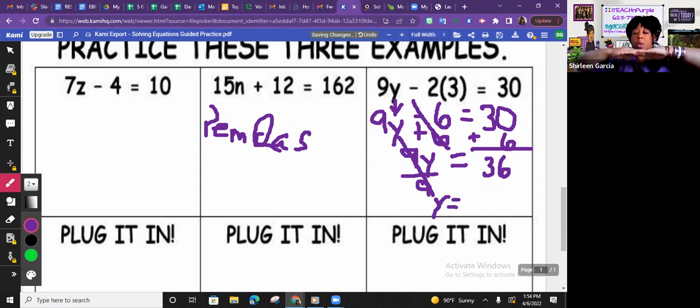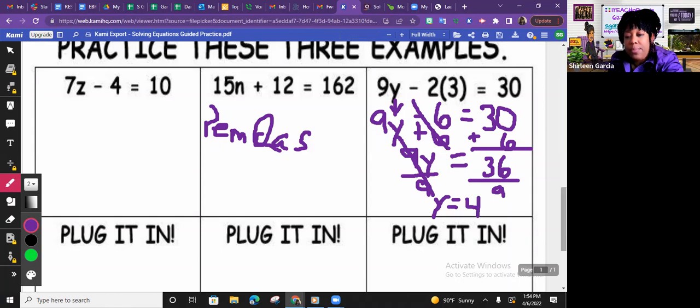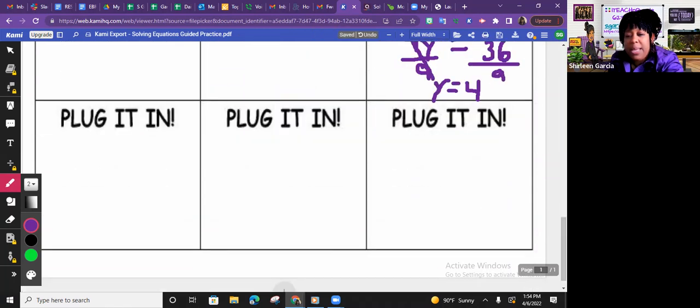My equation is off balance. I only did it on one side. Whatever I do on one side of the equation, I have to do it to the other side. So if I divide it by 9 on this side, I have to divide 36 by 9 on this side. What is 36 divided by 9? You get 4. We're gonna plug it in.